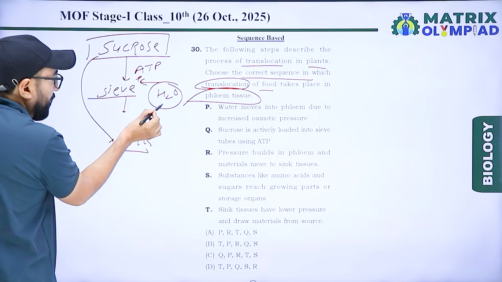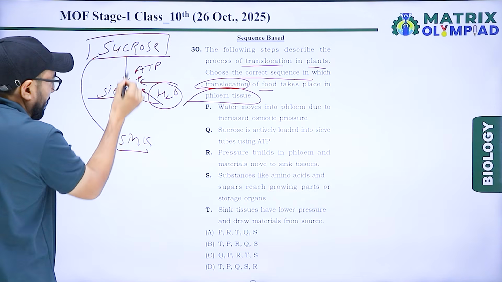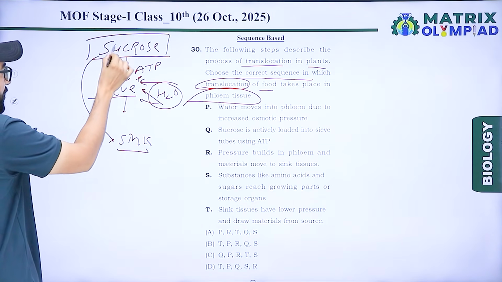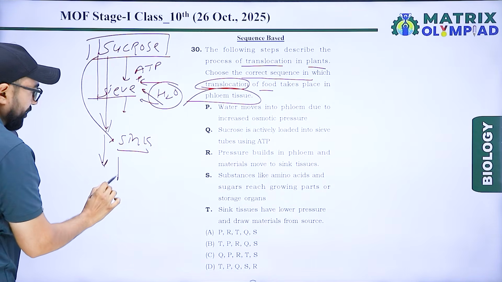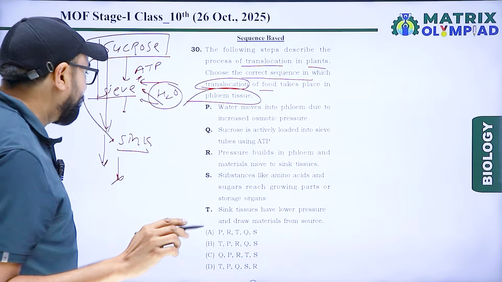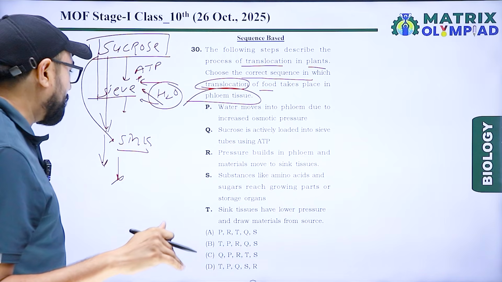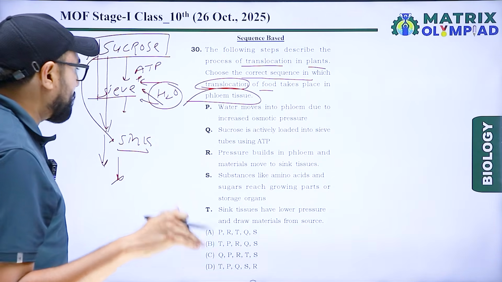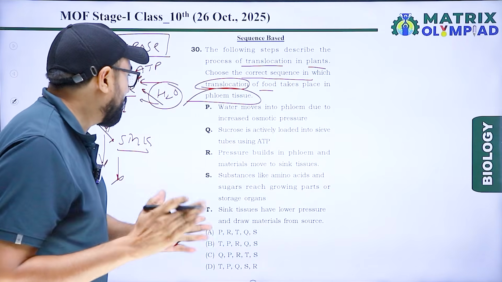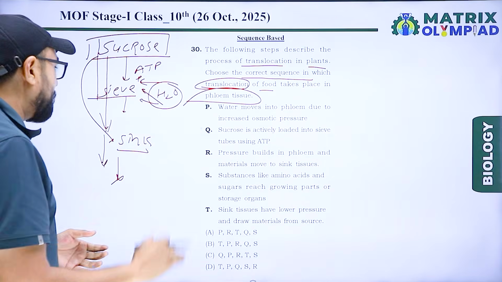Because water generates a pressure in phloem, this food material transfers to sink tissue. Then next, sink tissue has lower pressure and draws material from source. And last, substances like amino acid and sugar reach growing part or storage organ.